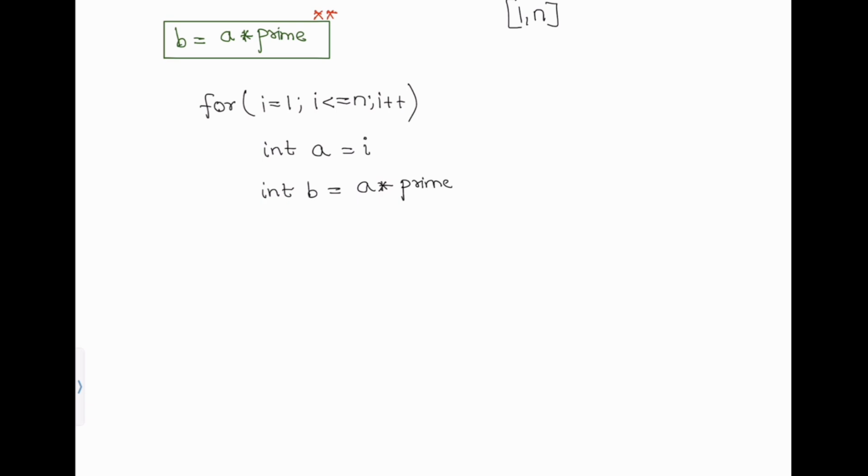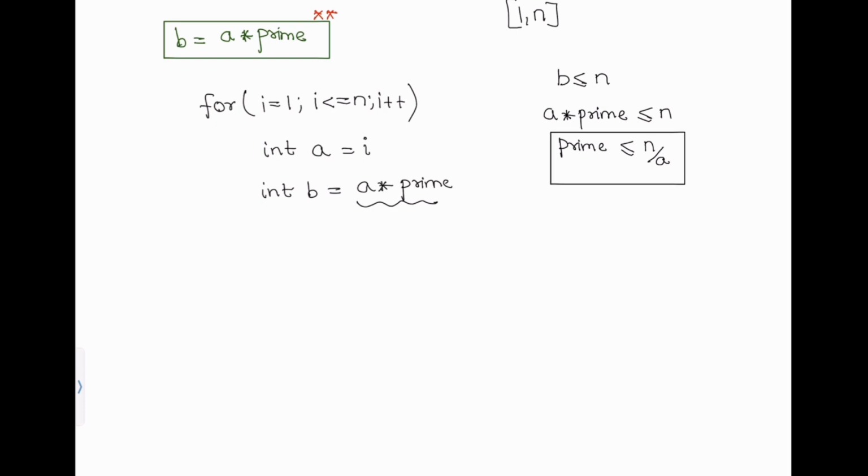The thing is, if we have A, we have to find the number of pairs, right? So the question is, how many different values of B can you find for this particular value of A? The B should always be in the range, it should be less than or equal to n, which means that A multiplied with the prime number should be less than or equal to n, which means that the prime number we're trying to find should be less than or equal to n over A. So now the question is, how many prime numbers are there which are less than this?